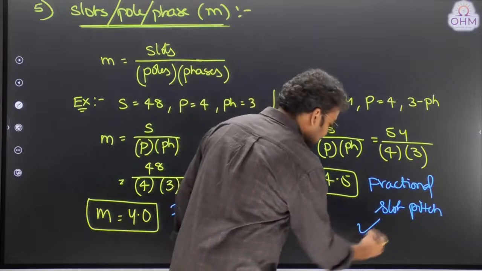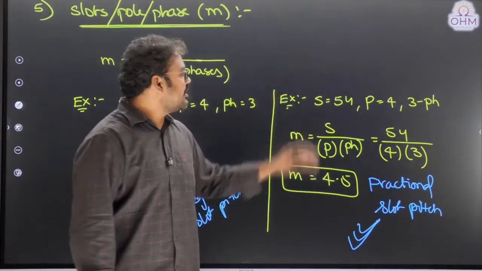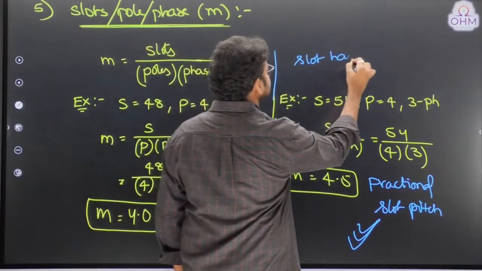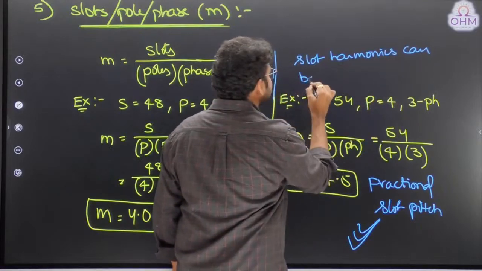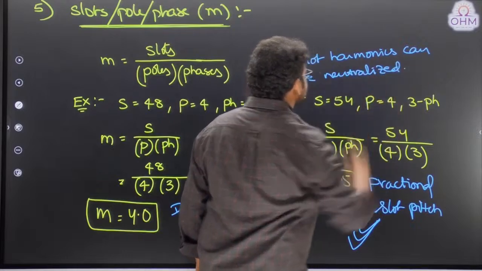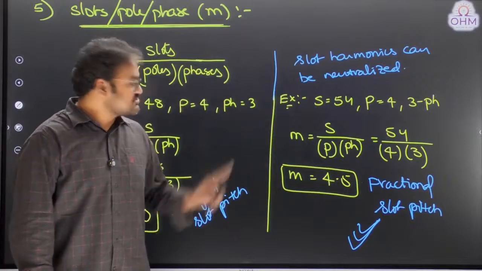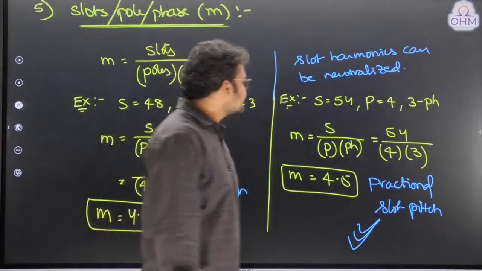This is preferable because slot harmonics can be neutralized by using fractional slot pitch winding. That's why in practical synchronous machines, we always use fractional slot pitch winding.